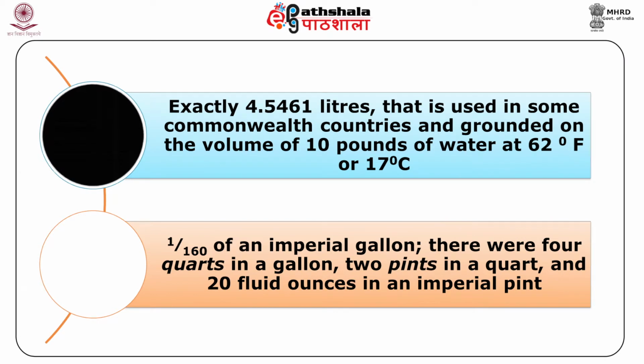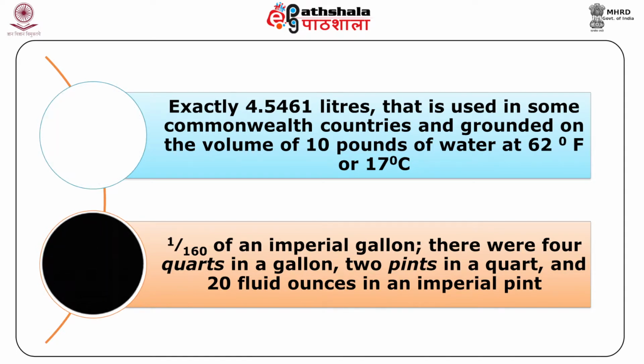The imperial gallon or UK gallon, now defined as exactly 4.5461 liters, is used in some Commonwealth countries and was originally based on the volume of 10 pounds, approximately 4.54 kg, of water at 62 Fahrenheit or 17 Celsius.